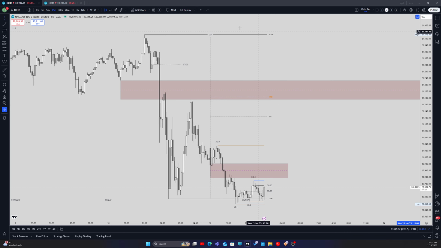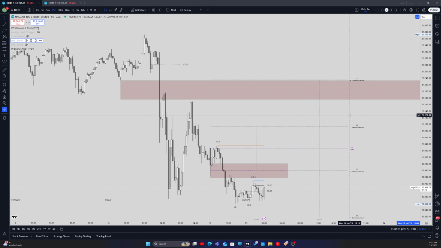So having in mind this previous day range, let me turn that off and let's look at this indicator, the statistical mapping indicator, and what is it telling us.